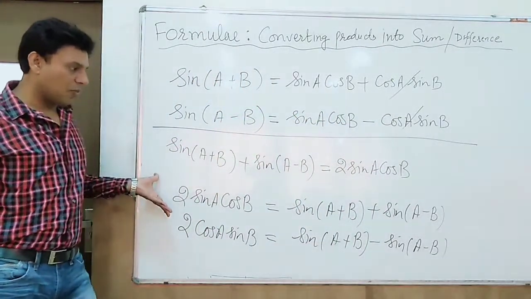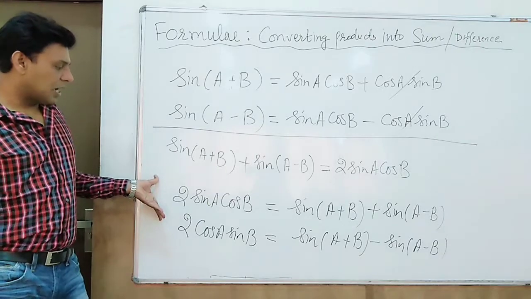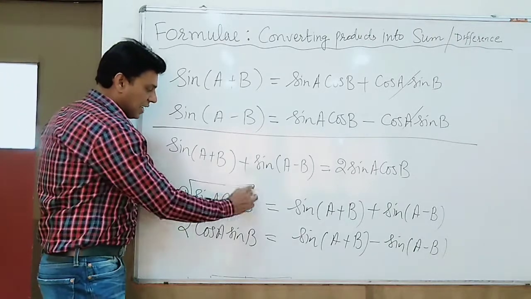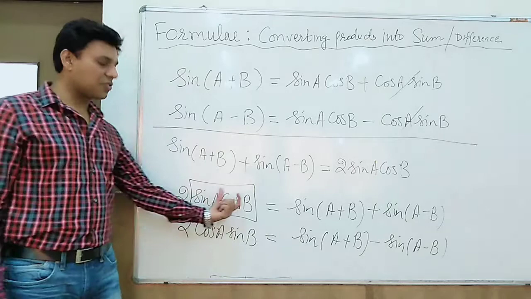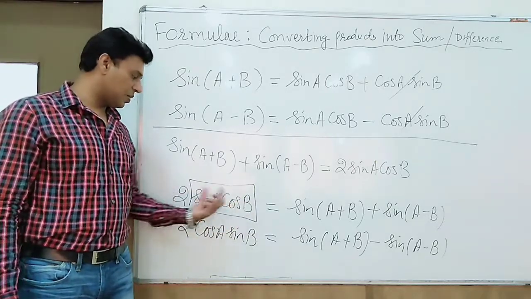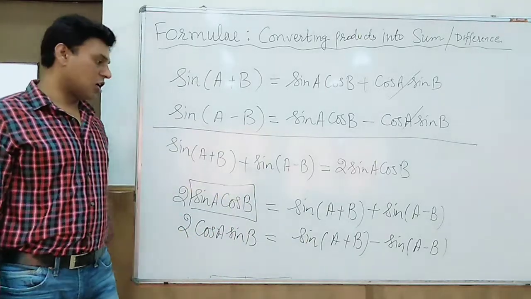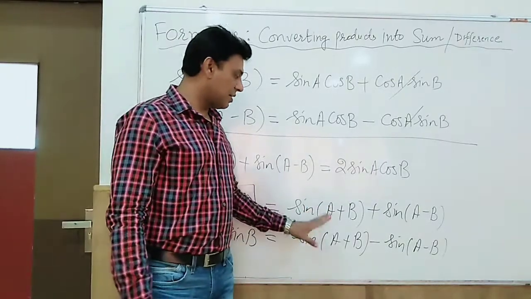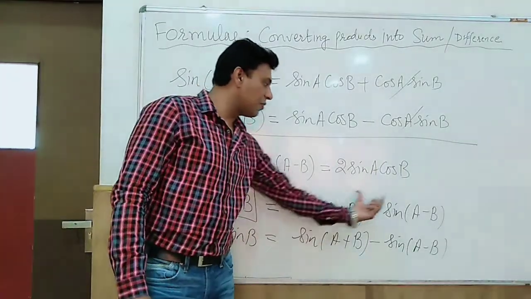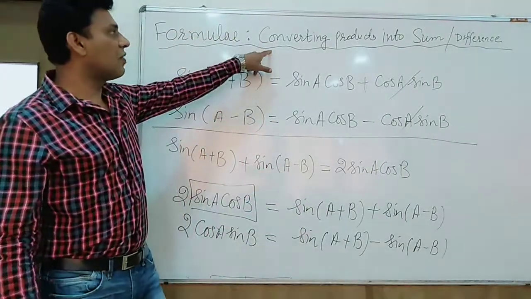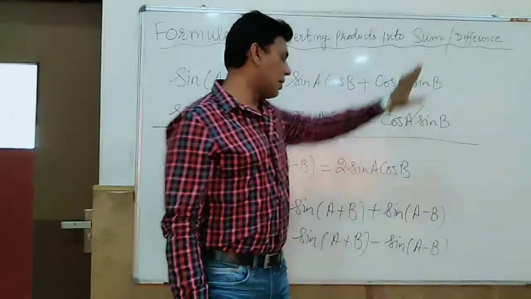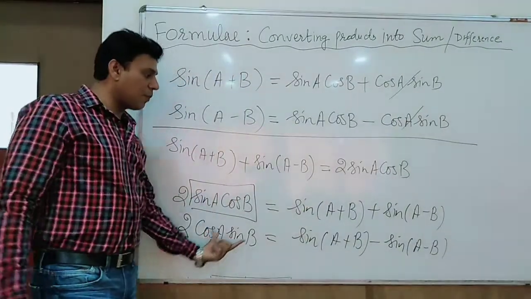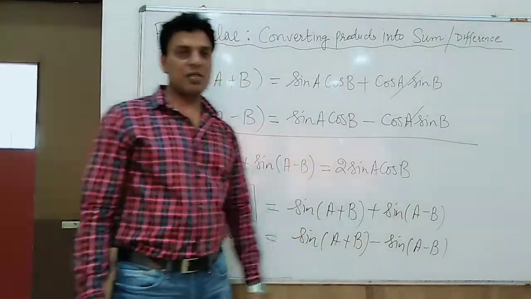In these two formulas, note that on the left hand side there is a product of sin and cos, sin A cos B, and on the right hand side the sum or difference of two ratios. So this is called converting a product into a sum or a difference.